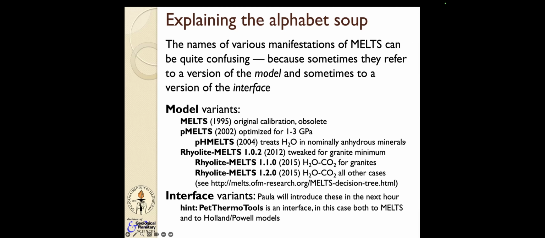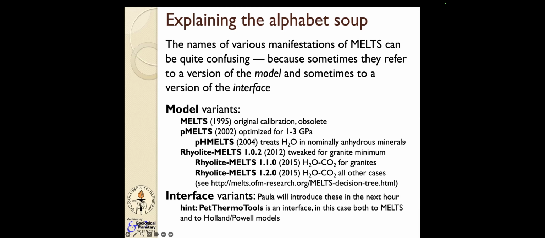There is a version called pHMELTS that uses a trick to allow you to do calculations that involve very small amounts of water in the system, such as are relevant for describing melting of Earth's mantle, where there's water hiding in the nominally anhydrous minerals, but it can leak out into the liquid.